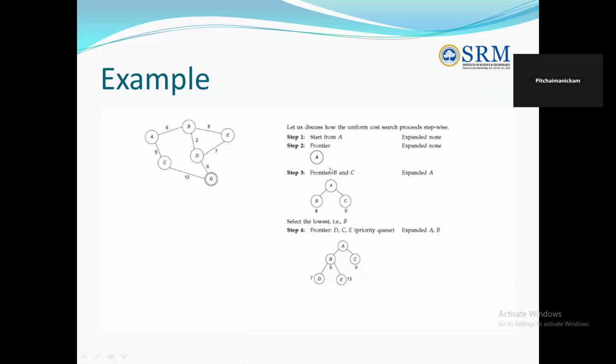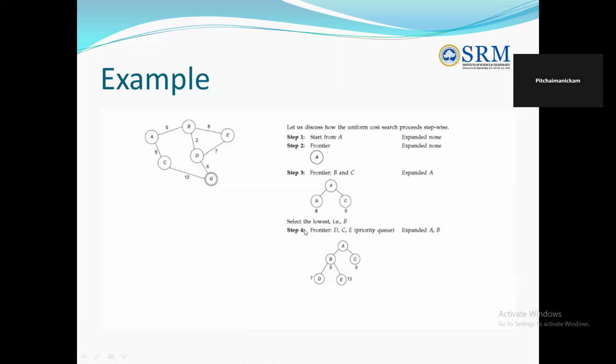From these nodes, we identify the lowest node, that is B, AB. After this, select the lowest node B, and step 3 is over. In step 4, we find the frontier.